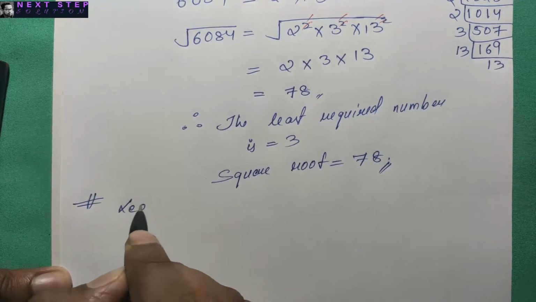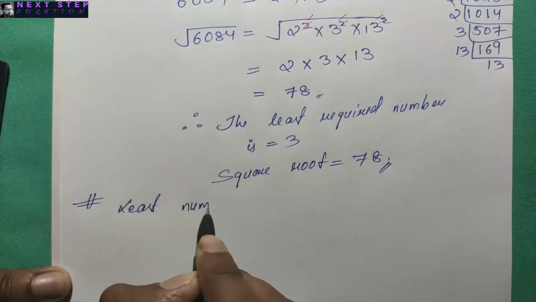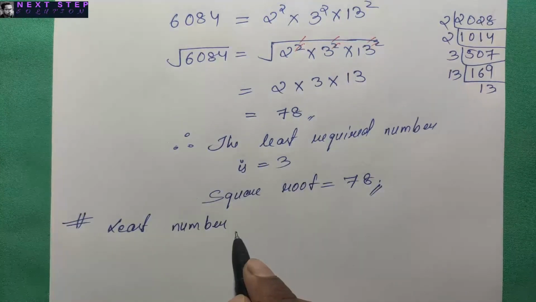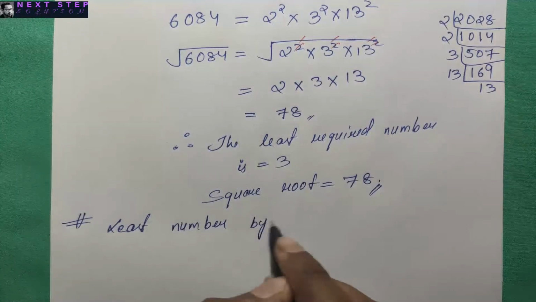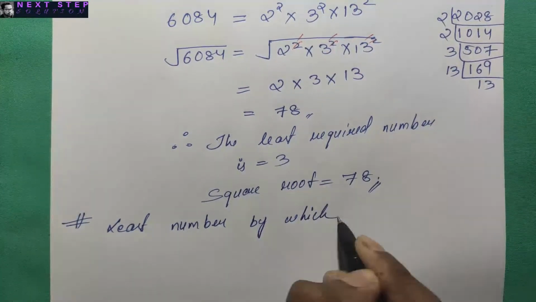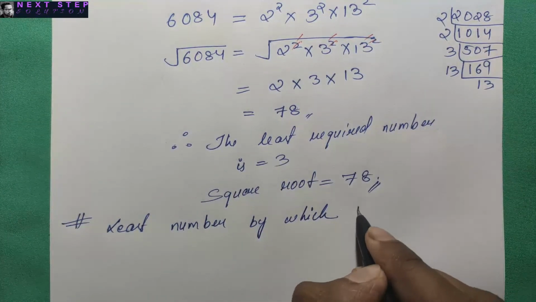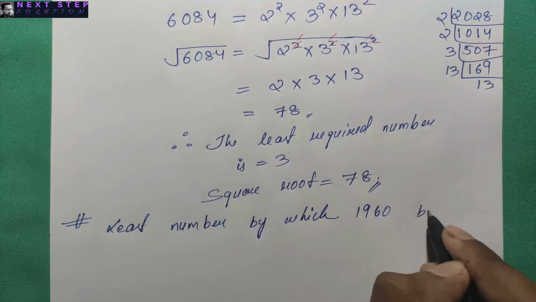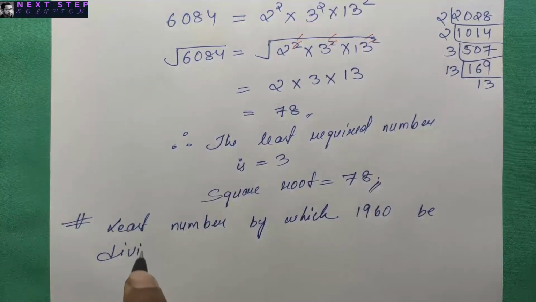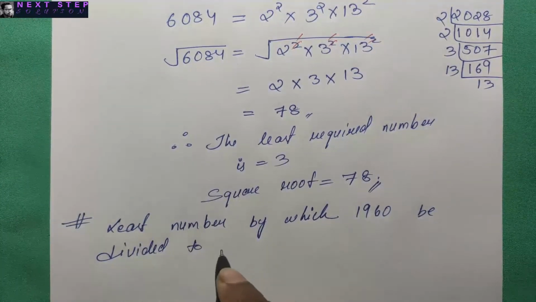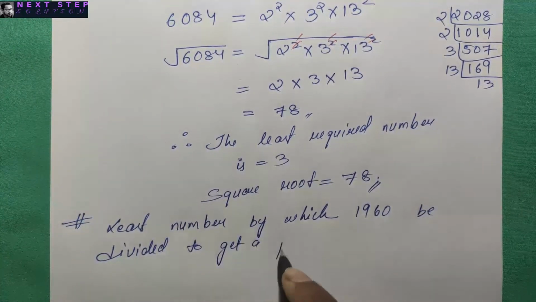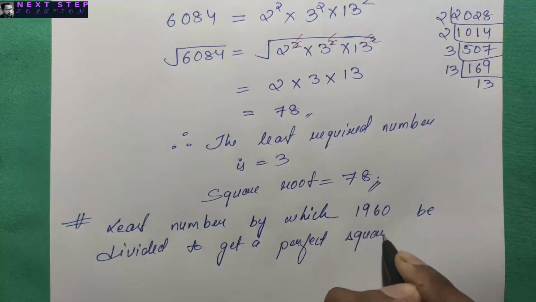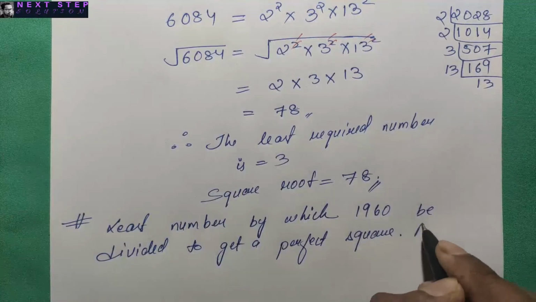Least number by which, let's say 1960, by which 1960 be divided to get a perfect square. Also find the square root.